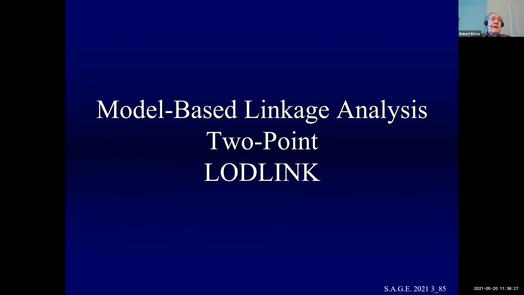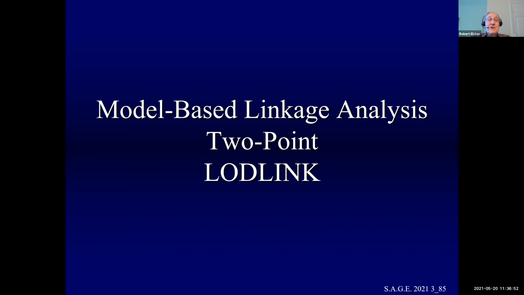Now I want to talk about model-based linkage analysis, and this is the classical 2-point linkage analysis. Okay, we call it single marker, but it's 2 points because there's a trait and a marker, and the marker has to be what is known as a trait marker because it acts like another trait.